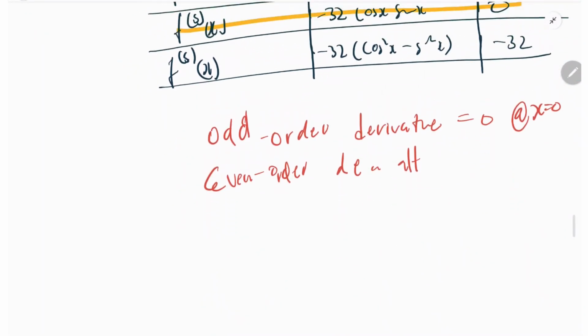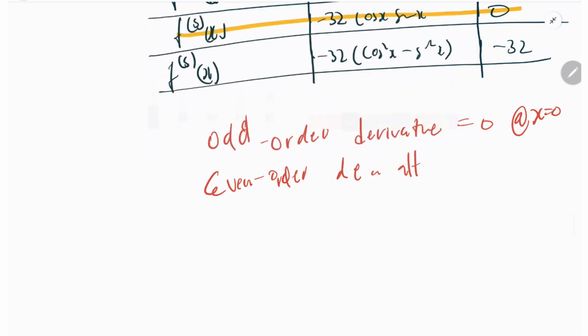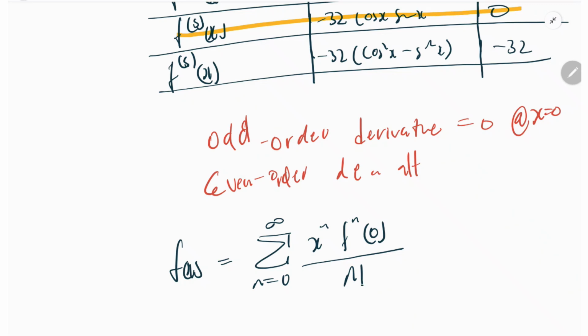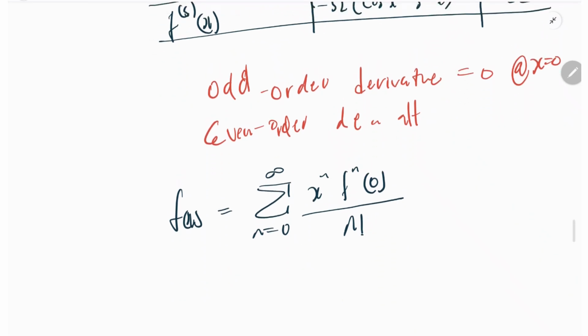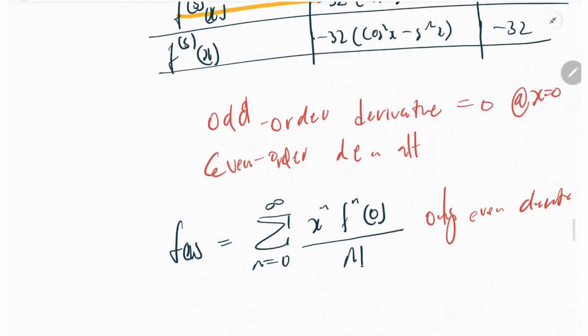And then we're going to use the Maclaurin formula. f of x is equal to the sum from n equals 0 of x to the n times f^(n) at 0 over n factorial. That's the Maclaurin series, right? But we're only going to do it for even derivatives. Why? Because the odd ones, we did say they are zeros, right?